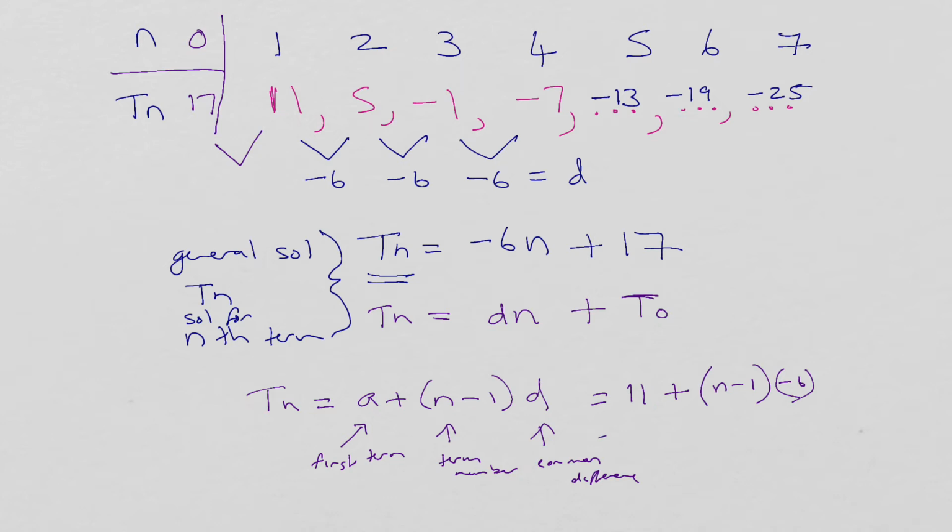If I work that out, I'm going to work it out, and then you can talk to me about it. That is -6 times n, which is -6n. And that is -6 times -1, which is +6. Okay? And we are going to end up with -6n plus 17, which is hardly surprising since it is the same sequence. You will expect the same formula.